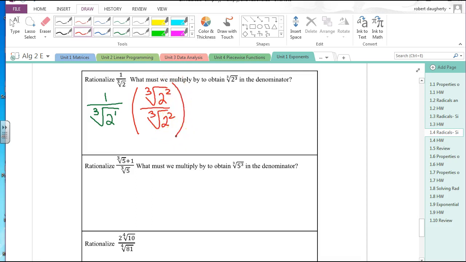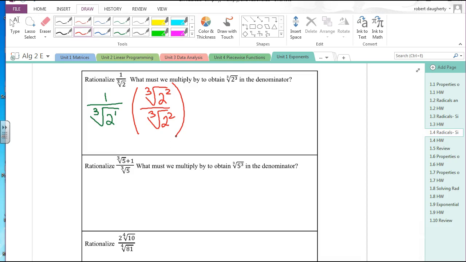Now this is what's different, okay? Before, with square roots, if that were 1 over the square root of 2, you'd be multiplying by square root of 2 over square root of 2. The reason that works is if you've got 1 two, if you add another one, then you've got 2 of them. You've got a perfect square. Here I need to get a perfect cube. So if I only got 1 two, I'm going to need 2 more to get a perfect cube. Everyone see that?